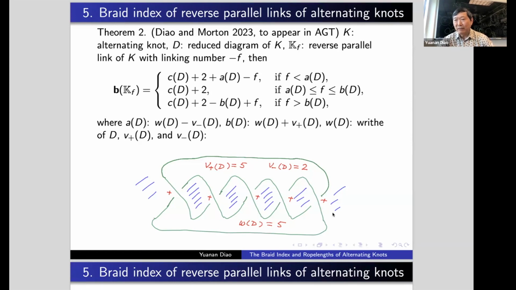Unless I can get a large braid index that is bounded below by the crossing number, I have no hope, right? That's one thing I can think of. When you double it, you double the length in some sense, but it's a linear sacrifice, and that's what happened at the end. Does that answer your question? Thank you. Yes.